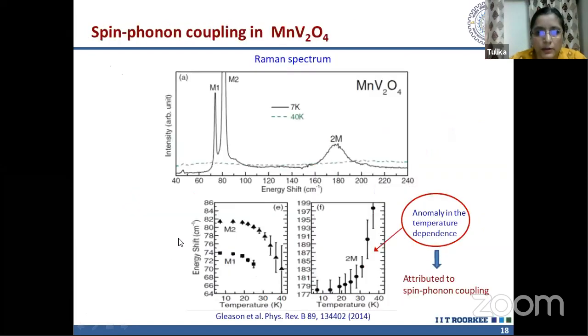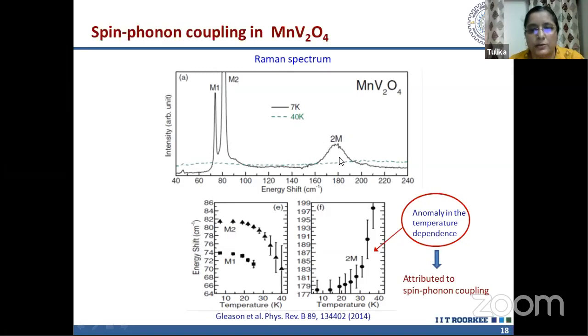Okay, so I think I'll just quickly go through this spin phonon coupling in MnV2O4. So this experiment was done by Raman scattering experiment, where they identified the 1 magnon peaks and 2 magnon peaks in the antiferromagnetic phase.